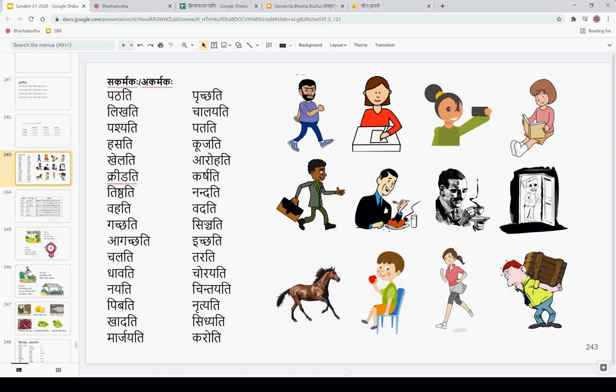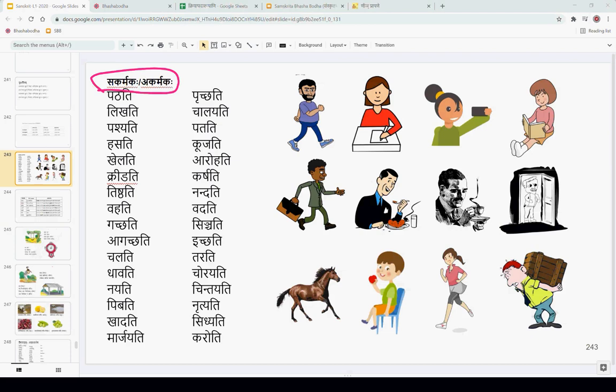So as you see here, I used something called akarmaka and sakarmaka here. So in English, I think they're called transitive verbs and intransitive verbs. The transitive verbs, they expect an object or the karma padam.